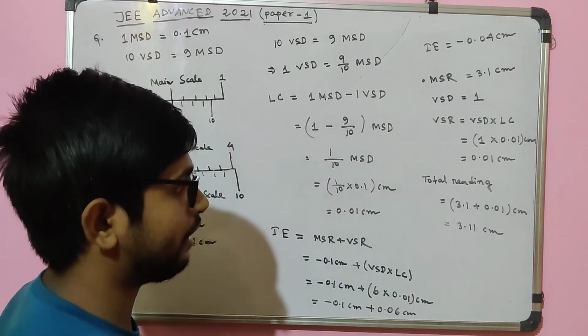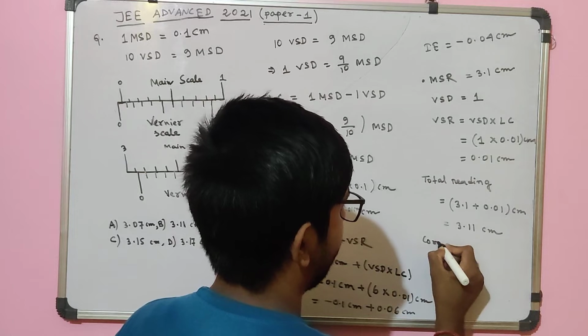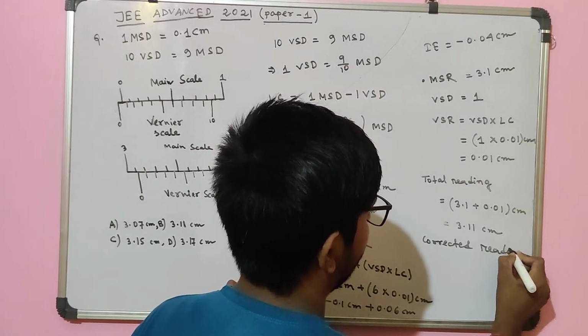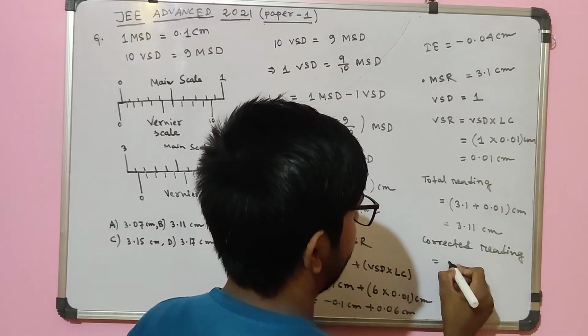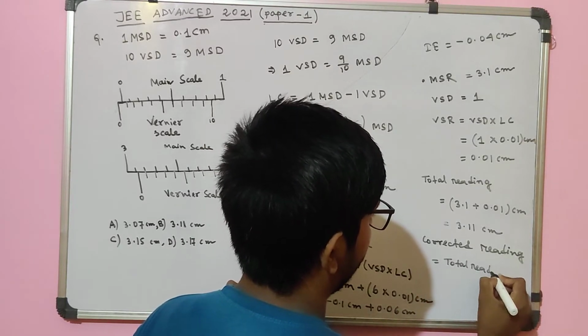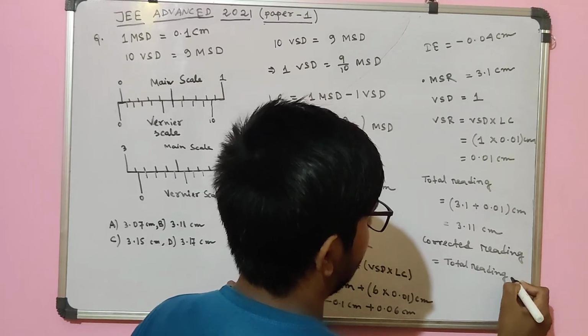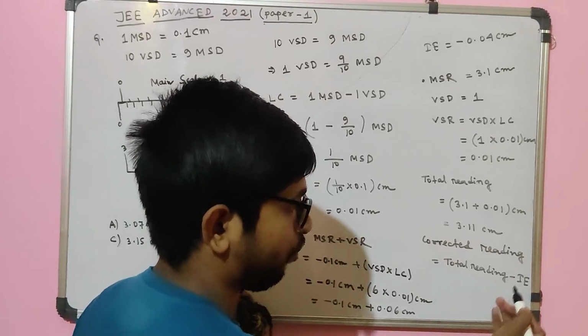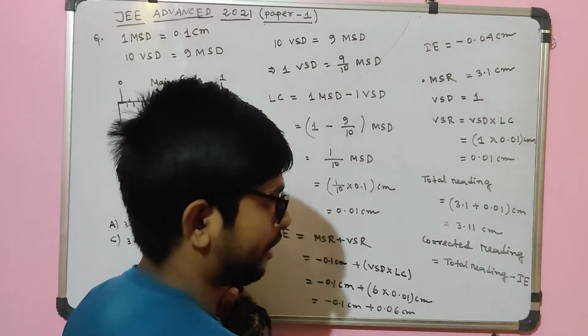Okay, so we can find the corrected reading as total reading, what we have taken, minus initial error. This is the formula for corrected reading: total reading minus initial error.